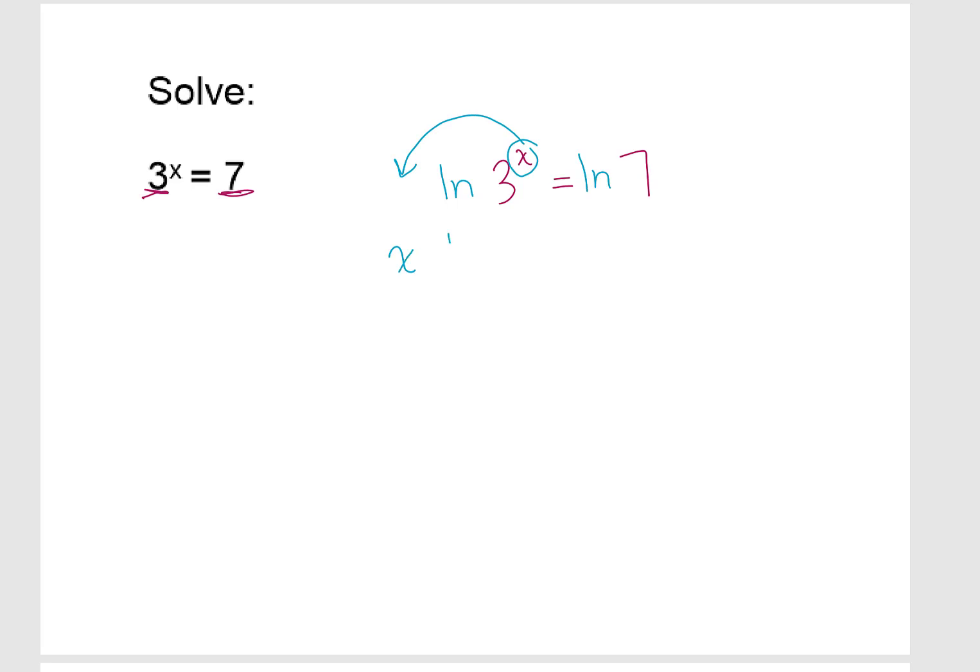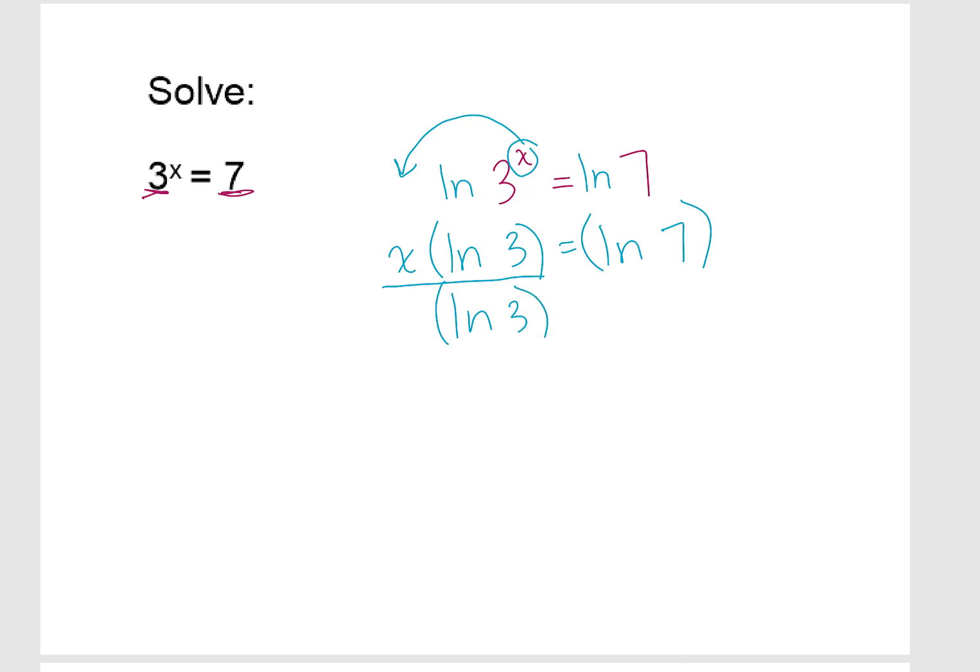So x times the natural log of 3 equals the natural log of 7. The point is to still isolate the x. If this was x times 5, you would tell me to divide by 5, to get that 5 out of the way since it was being multiplied by x. The same way, we will divide by natural log of 3.